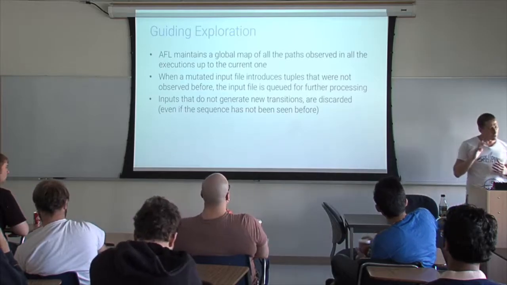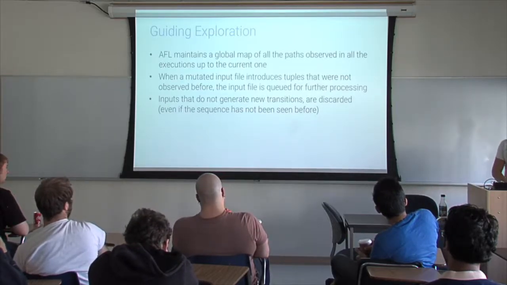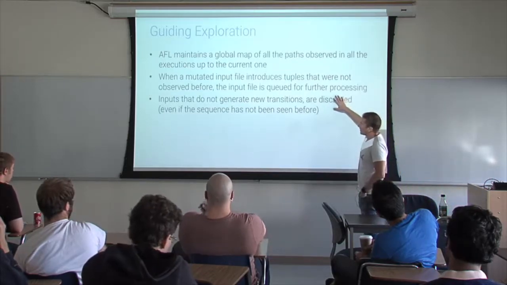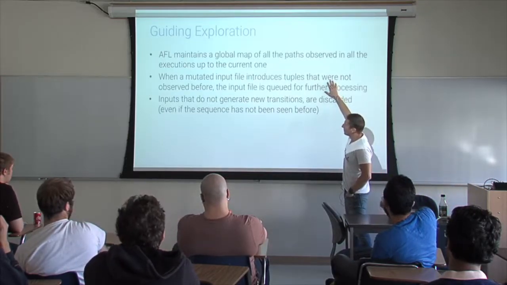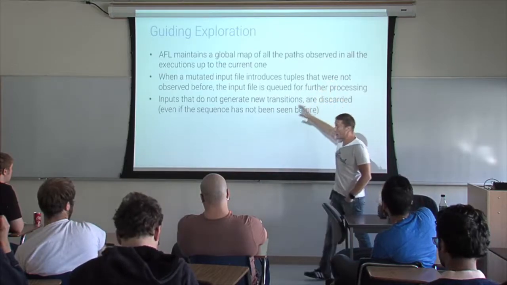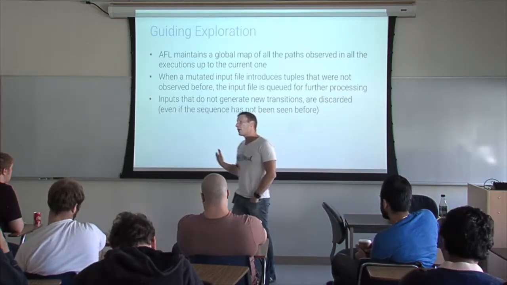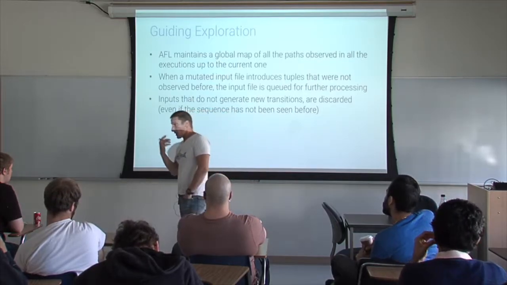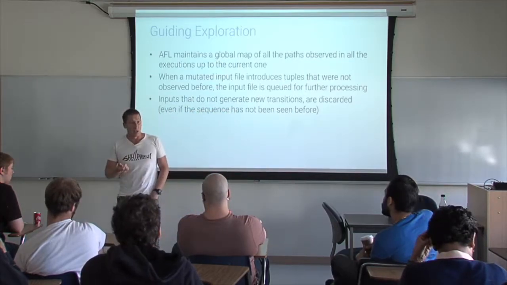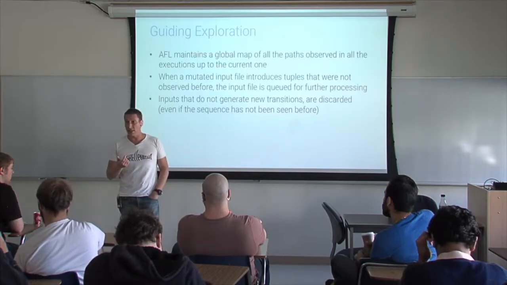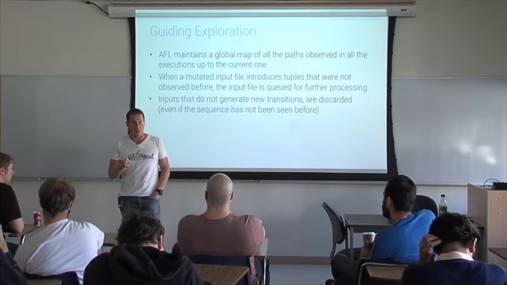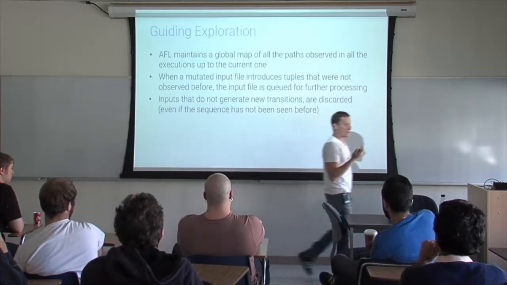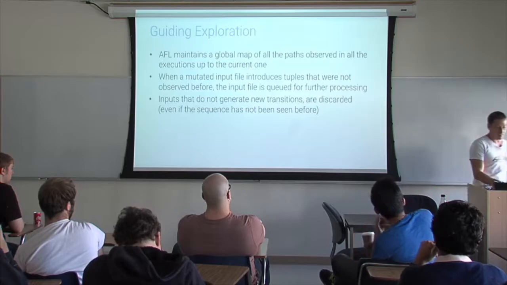And it's not completely correct, because there is something that takes care of the fact that most of the time interesting stuff is not only that new transitions are in, but also how many times. If I have one input that causes a transition to be taken once, and then I have another input where that transition is taken 5,000 times, that's a pretty good input, and I should keep it, even though it's not just a new transition.